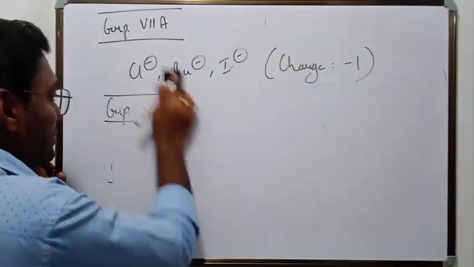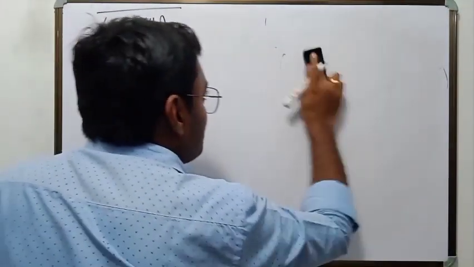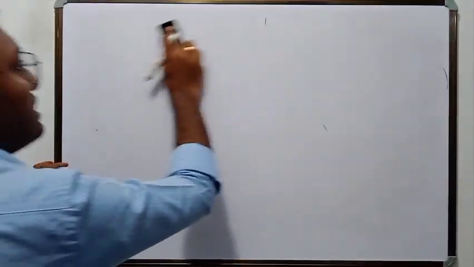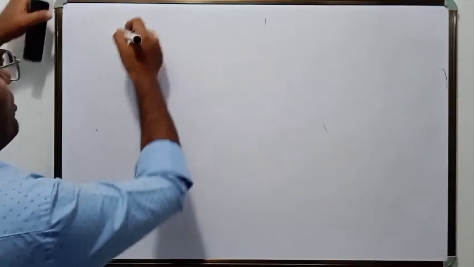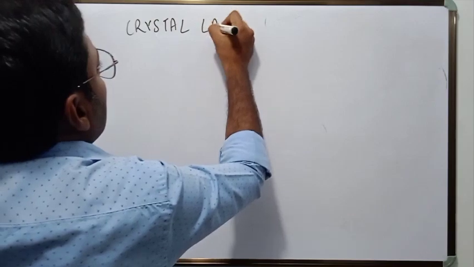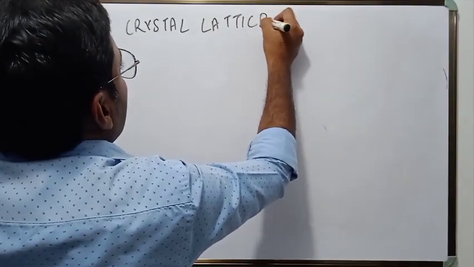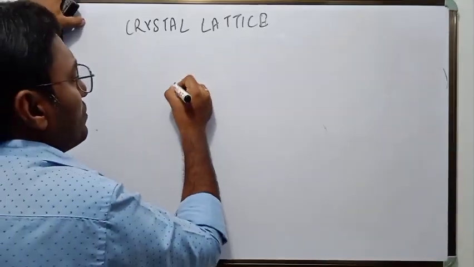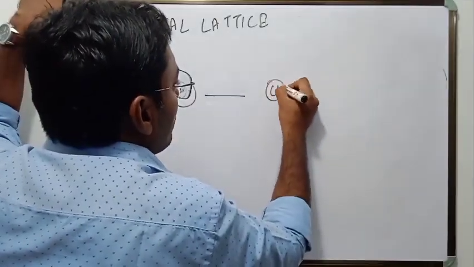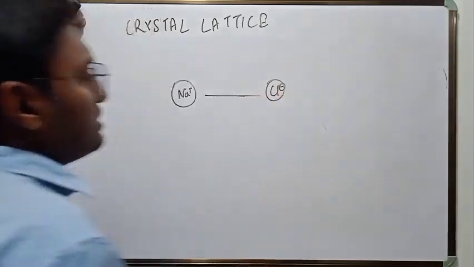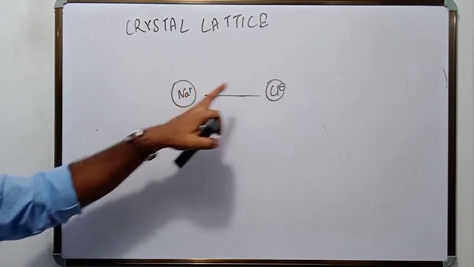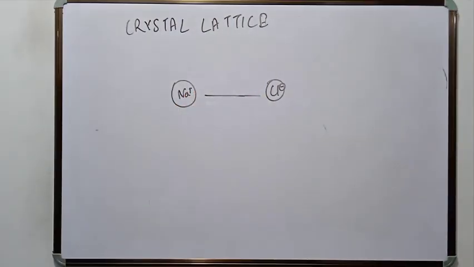Dear students, I hope you have understood till now. Let us go to another concept, which is called the crystal lattice structure of ionic bonds. When we are talking about sodium and chlorine, it is very obvious that it is not only one molecule that goes for ionic bond formation at a single time.